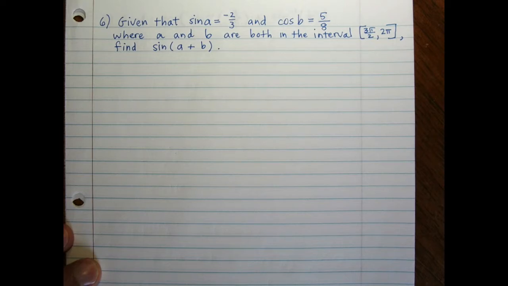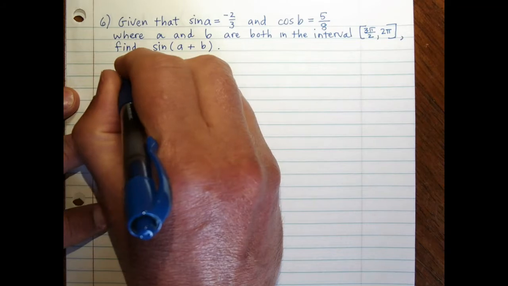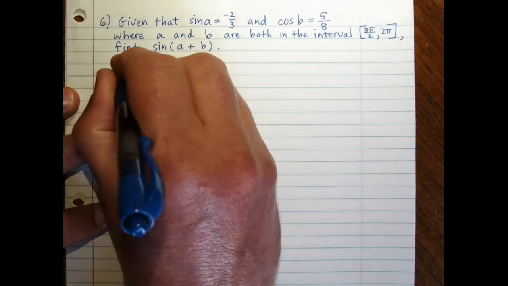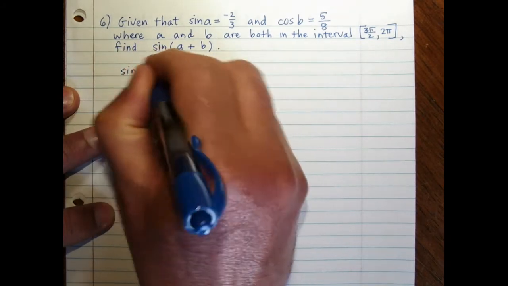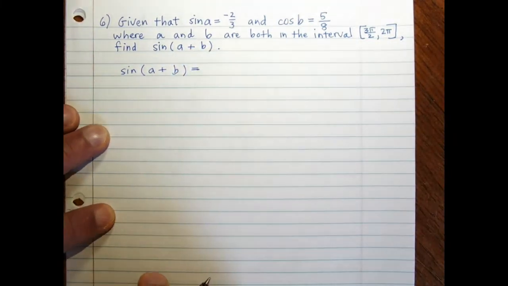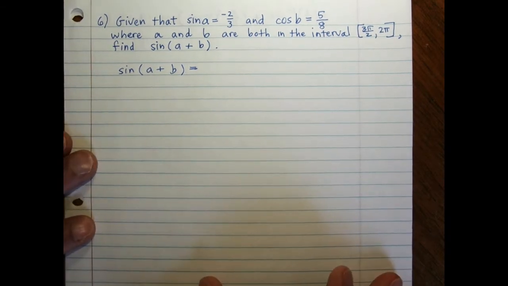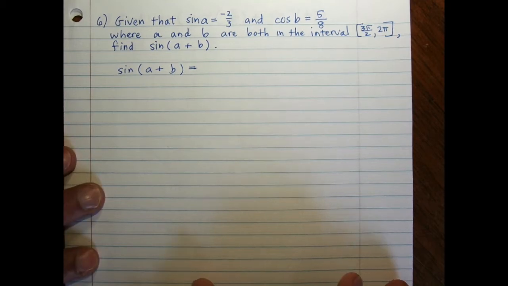I'm using A and B here mainly because the textbook starts using A and B in some of the exercises, but it's just like alpha and beta. I mean, sine of A plus B is just like sine of alpha plus beta. And so certainly it seems like we want to work with the identity for the sine of the sum of 2 angles here, since we want to find sine of A plus B. And again, I can just copy the identity down from my formula sheet.